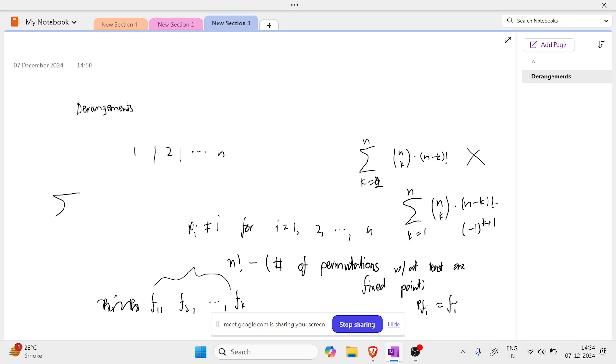What you can notice is that the subtraction sign will flip the sign of all the terms to the right of it, so it just becomes minus 1 to the k.